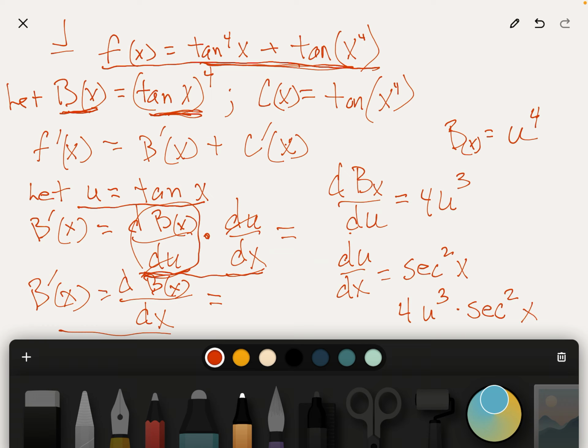The last part would be to substitute back in the expression for u, and that's tangent of x. So you'd get 4 tangent x to the third power, or 4 tangent to the third power of x times secant squared x.